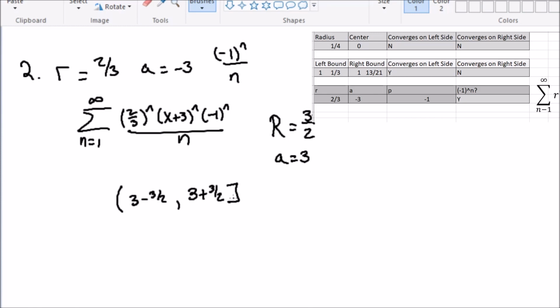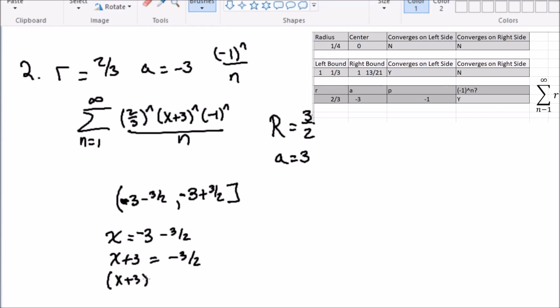We can test this if we want. Let's look at what happens when x equals -3 minus 3/2. I just said my center is up there, so -3. So if x equals -3 minus 3/2, then x plus 3 equals -3/2.